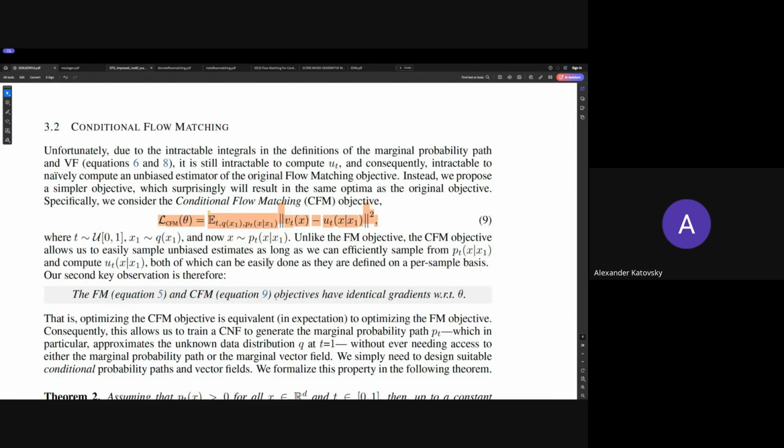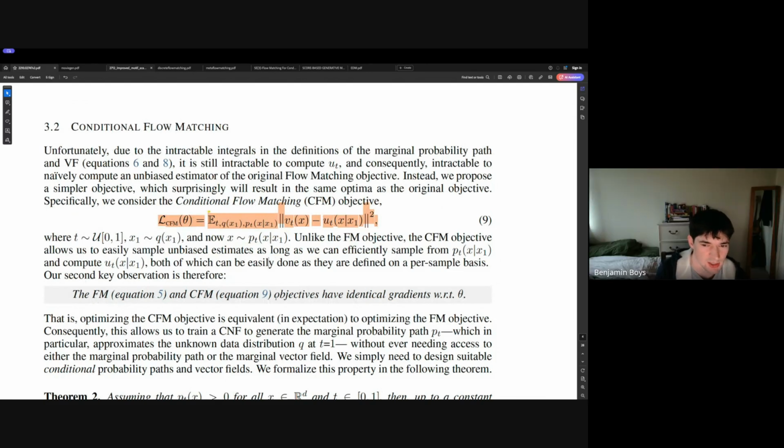I think it's similar to conditional score matching or denoising score matching. So there's nothing that really changes apart from the fact that instead of a score, it's a vector field. So the idea is that you know the conditional score or the conditional vector field, and you're using this to compare it to the output of your neural network.